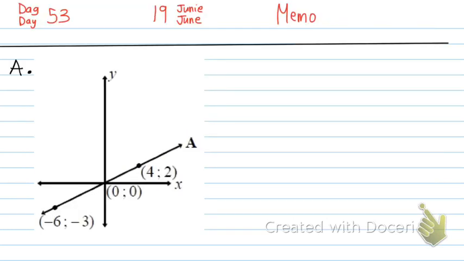Alright, welcome back to the exercise of day 53. So here I have line A, and I have to work out for number A. The question is to work out the gradient: determine the gradient by using any 2 points on the line. Okay, so I'm going to use any 2 points on the line.